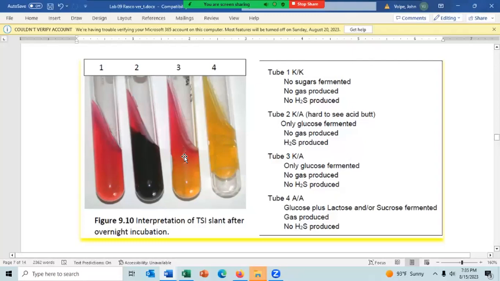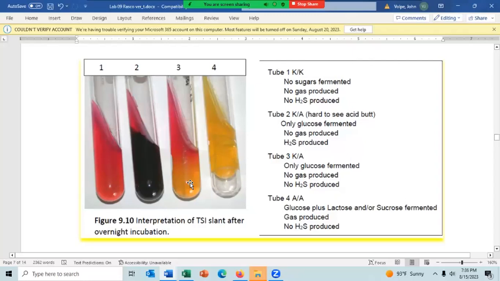Tube 3 is red in the slant and yellow in the butt. So you go negative or K for the slant, A for the butt. This means that only glucose is fermented because the slant is red, the butt is yellow.